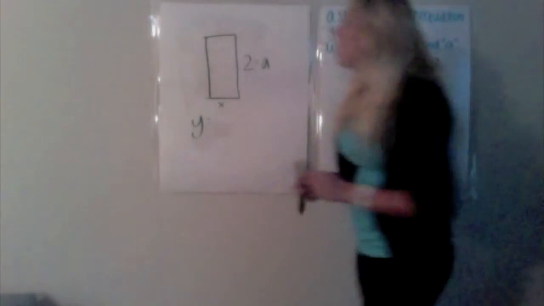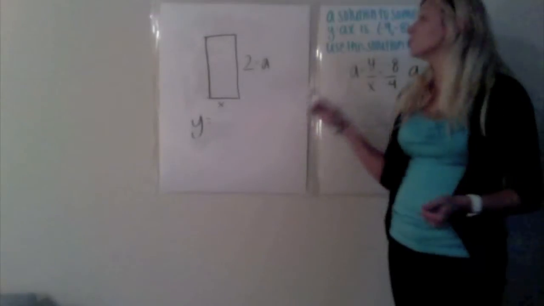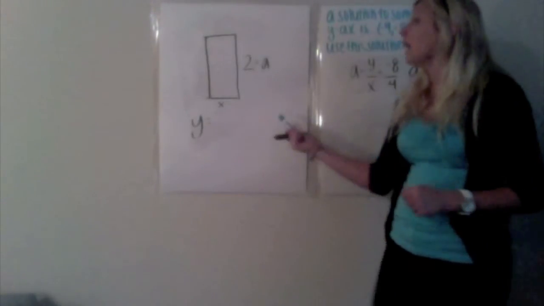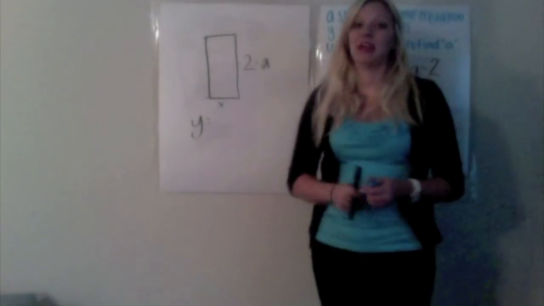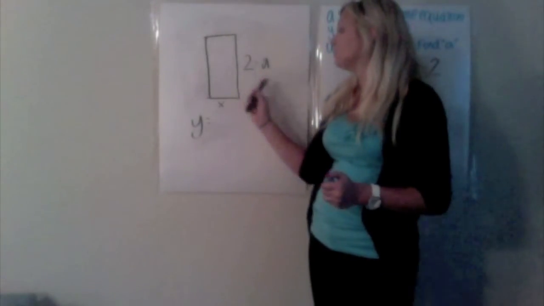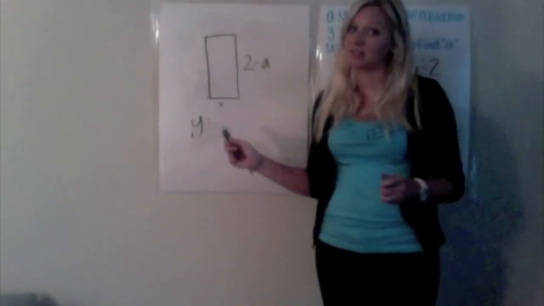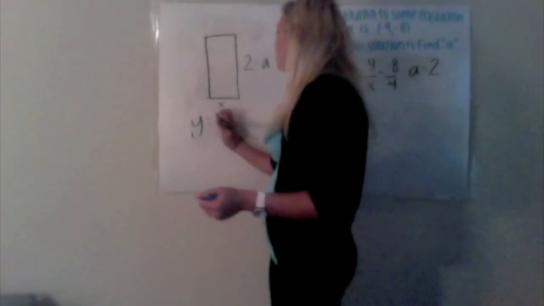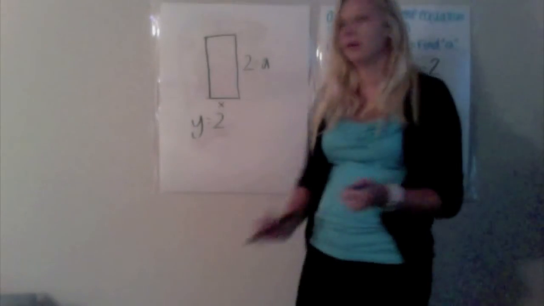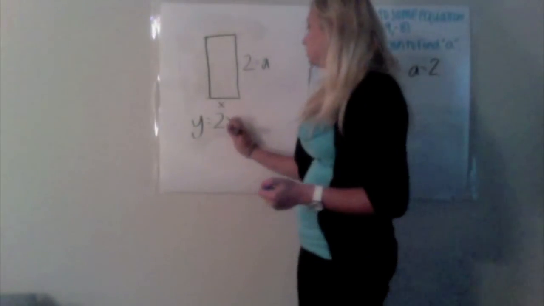So, if you're covering this rectangle with fabric and your x gets wider, your y is going to get 2 times as big as whatever your x is every single time you increase x.